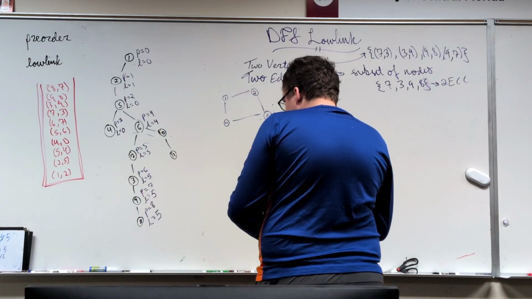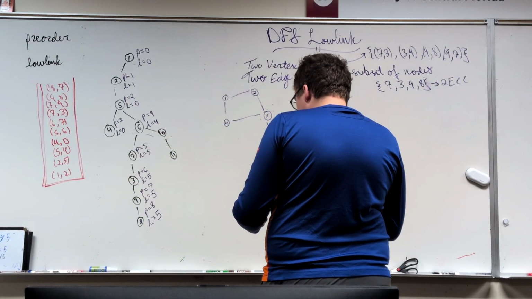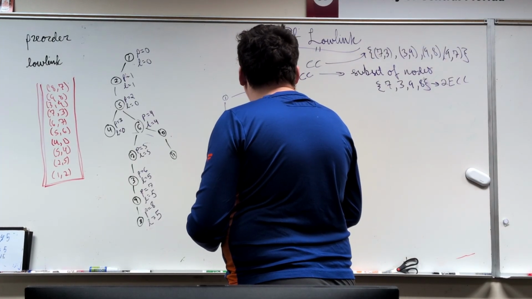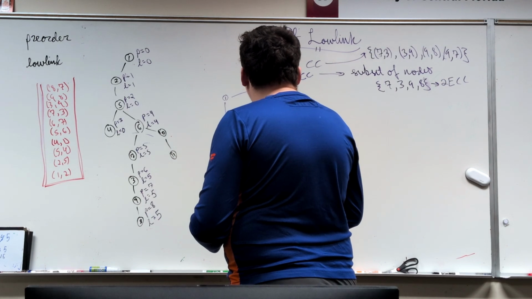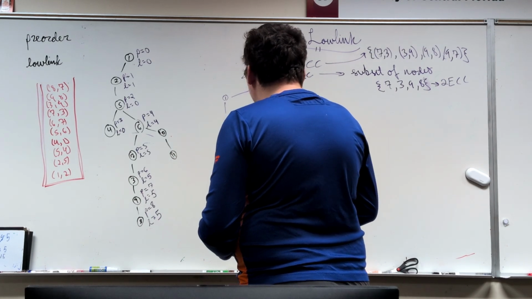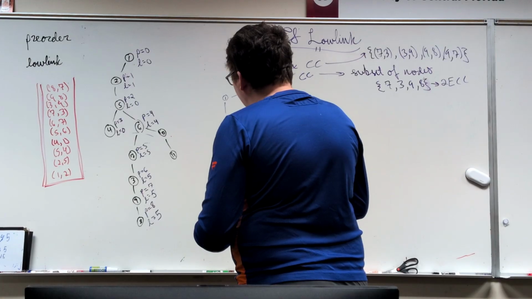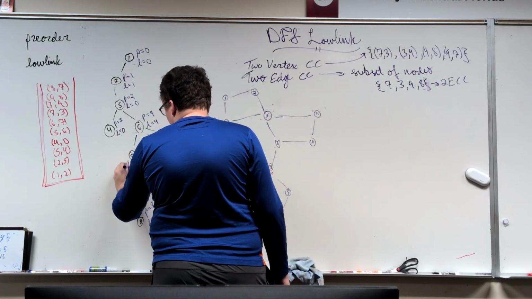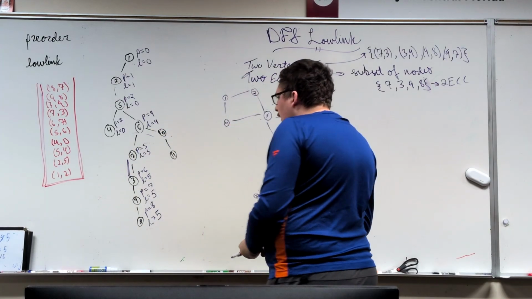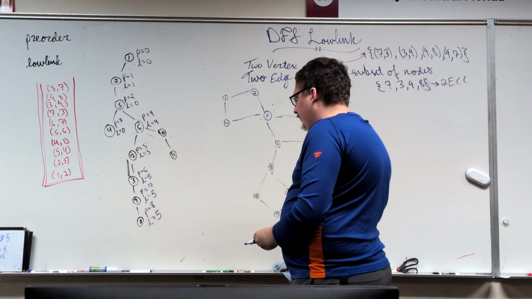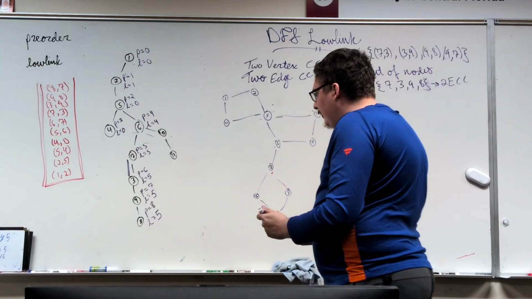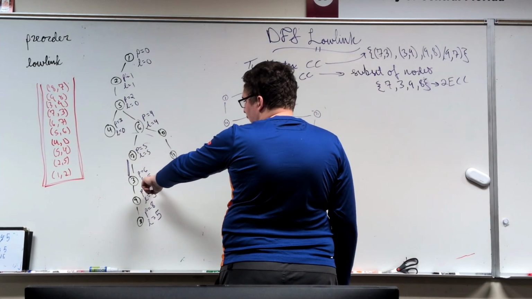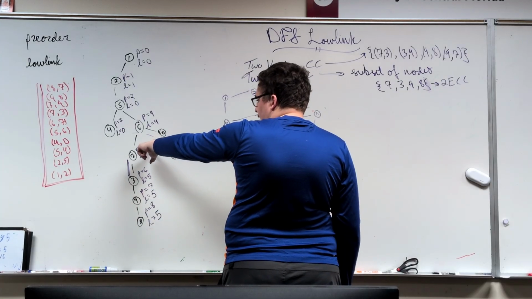And now what we can see is we are going to consider this edge here. Once we get here, we see that the low link of our next node is equal to our pre-order.